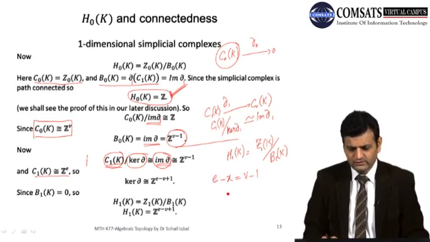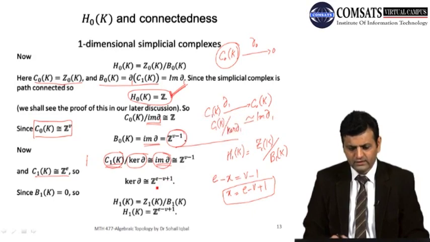So what is this X? X is equal to E minus V plus 1. This is the rank of the kernel of ∂₁, so the kernel of ∂₁ is isomorphic to Z raised to the power E minus V plus 1, or in other words E minus V plus 1 copies of Z.